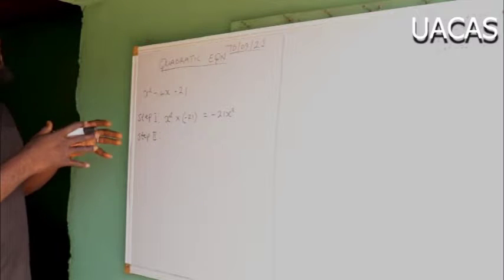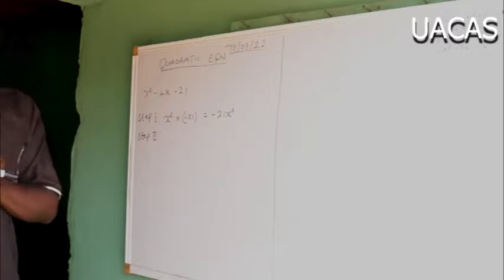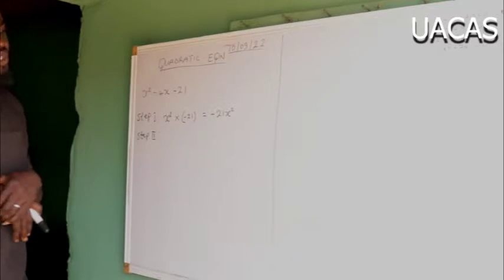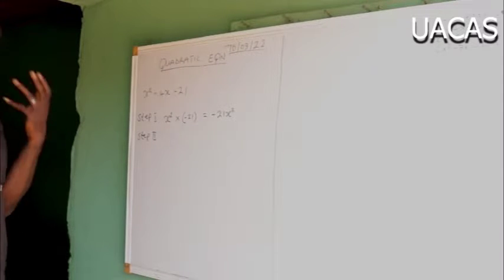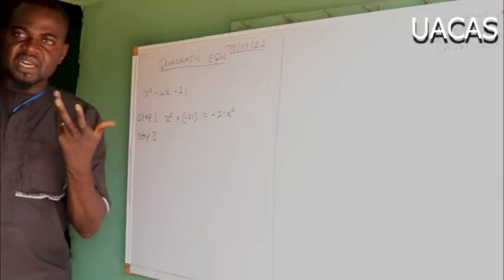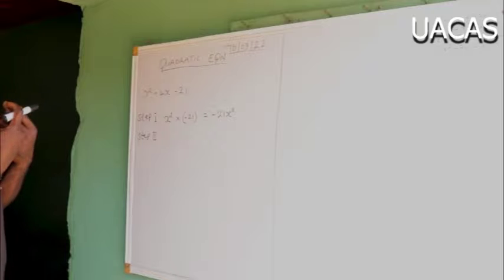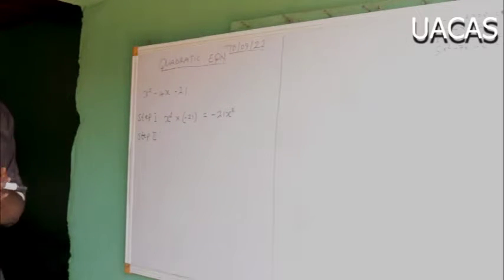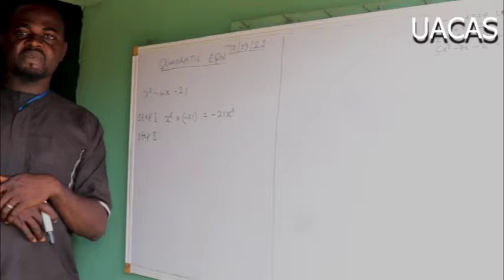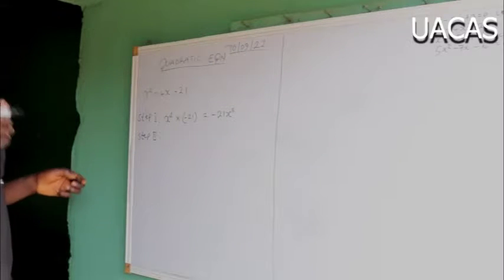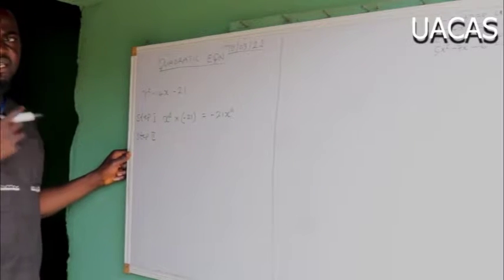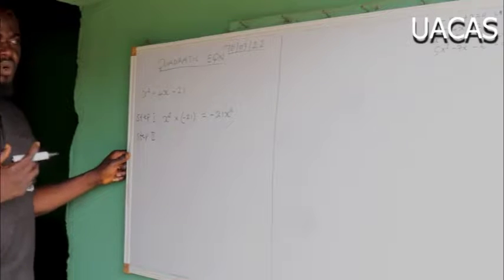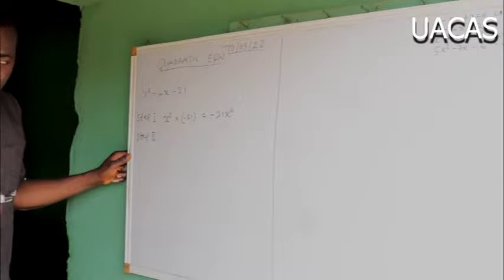So if you look at it very well, or you use factors, I have minus 21x squared. So I would think, what are the factors that if I multiply the two together, I'll have minus 21, and if I add both of them, I'll have minus 4x. So I know very well that 7 and 3 will give me 21.